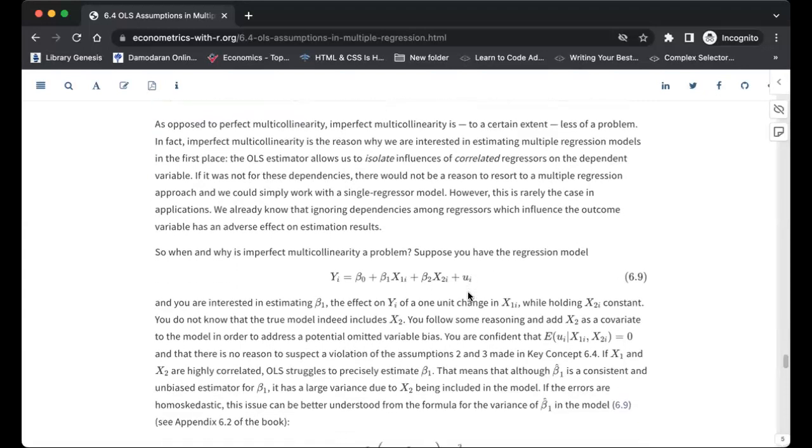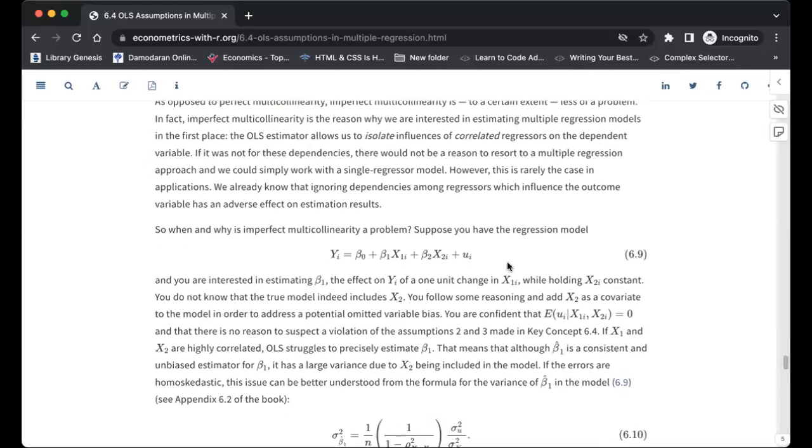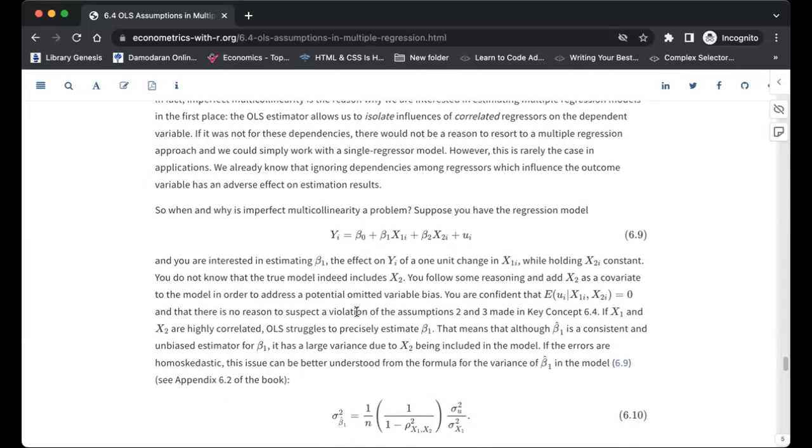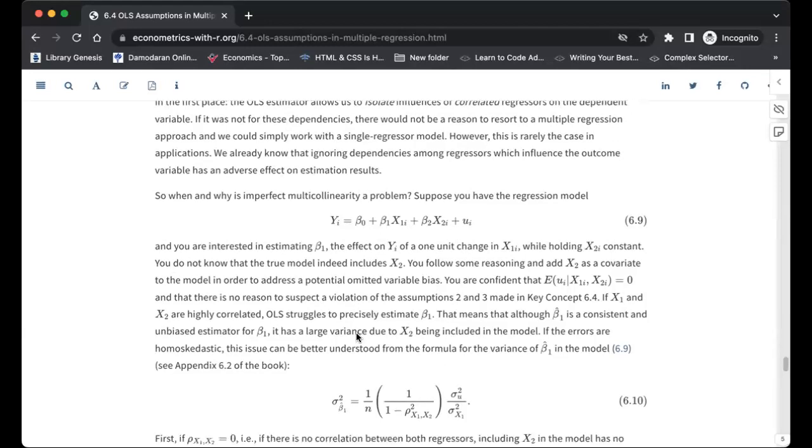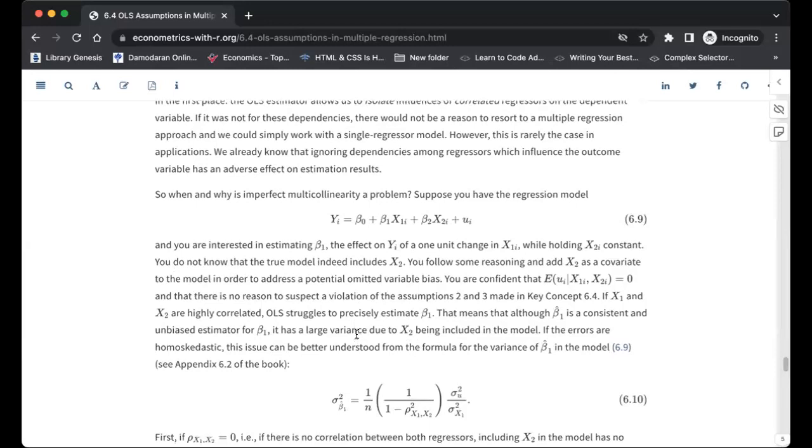So when and why is imperfect multicollinearity a problem? Suppose we have the regression model, as in this case, and we are interested in estimating beta 1, the effect on yi of a 1 unit change in x1 while holding x2 constant. If x1 and x2 are highly correlated, then OLS will struggle to give a precise estimation for beta 1.